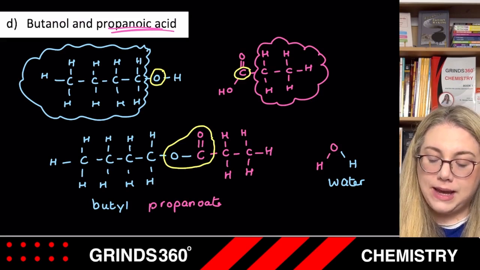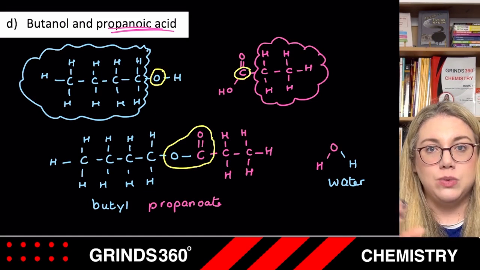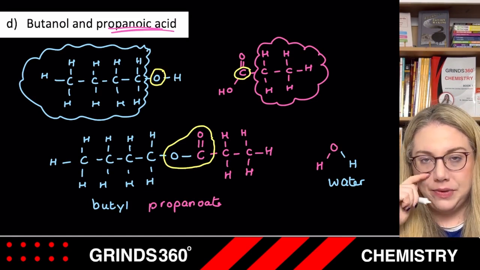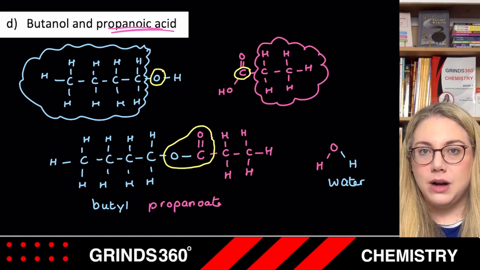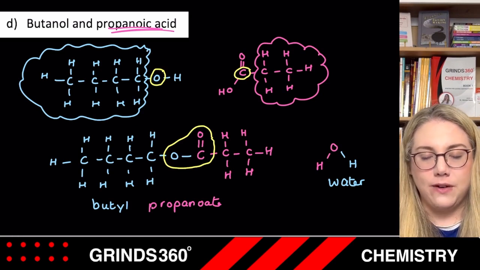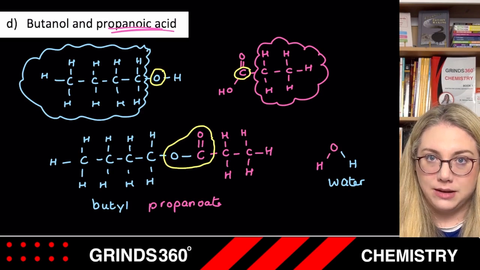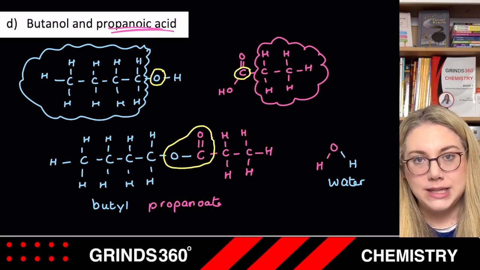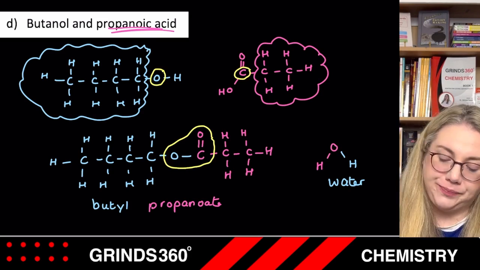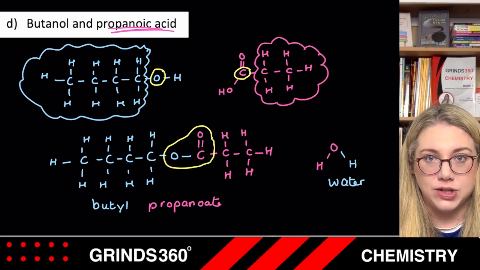Then, on top of that, you have to be able to give the IUPAC names for esters, and it comes from the name of the alcohol first, which will be the "yl" part of the name, and the bit at the end is from the carboxylic acid. So if you have something from butanol and propanoic acid, that will be butyl from the alcohol, propanoate from the carboxylic acid. And don't forget that water is the second product during esterification.